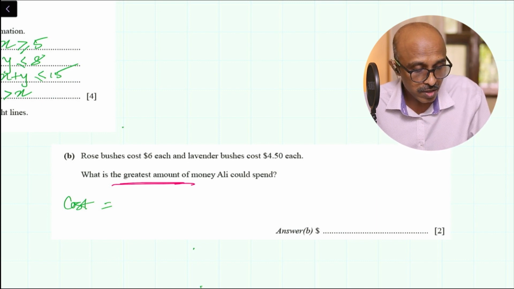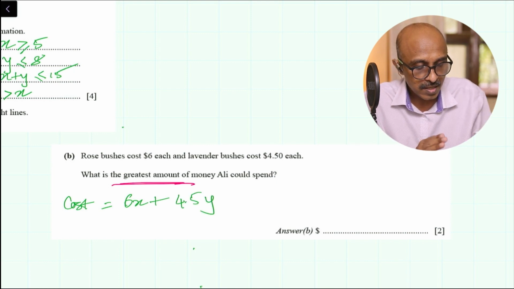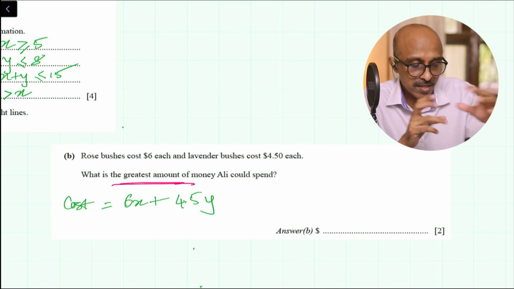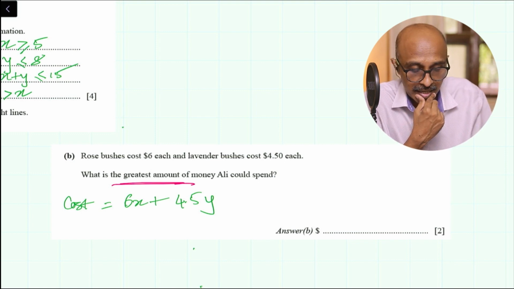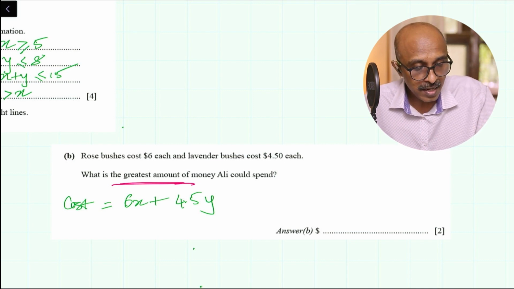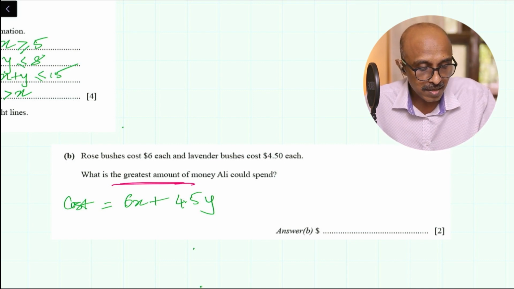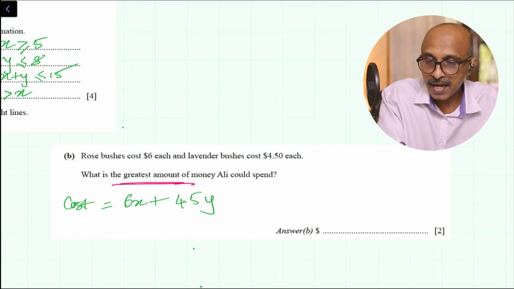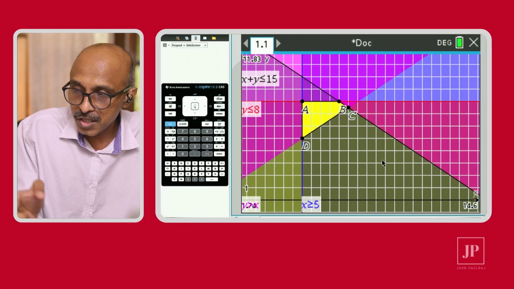So the cost would be 6x plus 4.5y, all right? Because $6 for rose bushes and $4.5 for y bushes. So that's the cost function, if you were to call that. And we want to find out the greatest amount of money that Ali could spend. The greatest cost possible. And for that, we're looking at the optimal conditions here.